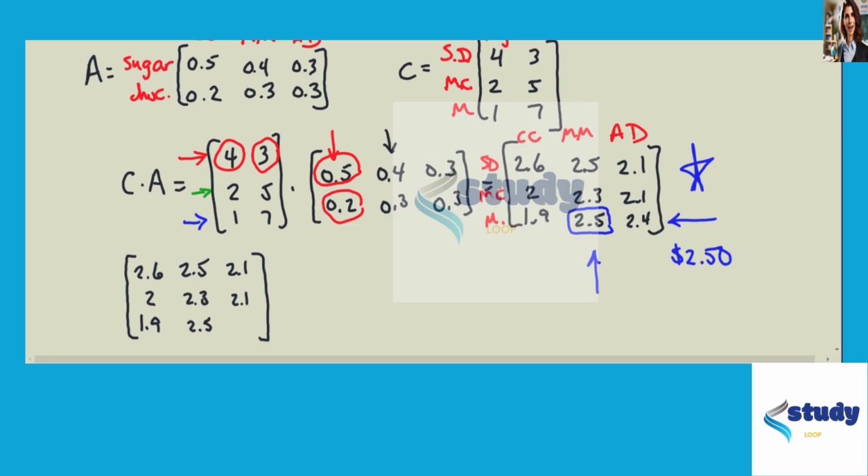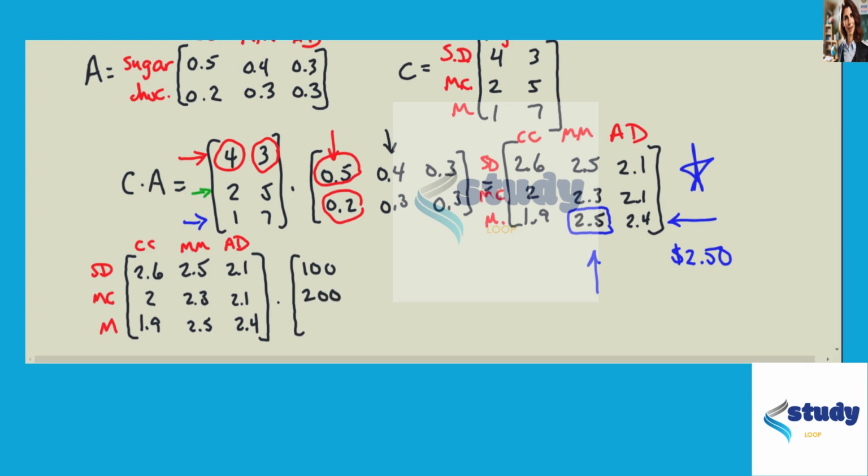Okay, so again, as a reminder, I'm just going to put these little labels on. The columns are my 3 types of candies. My rows correspond to each of my cities. And I'm going to multiply that by my special order.